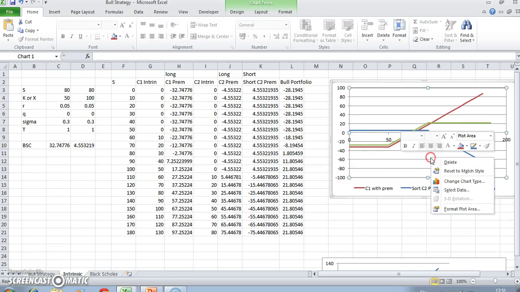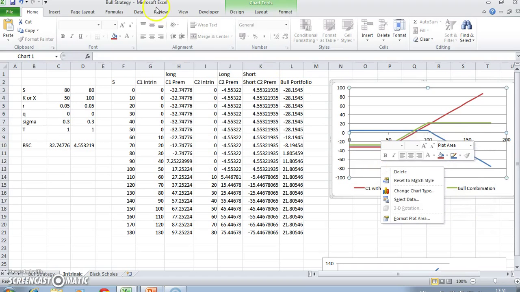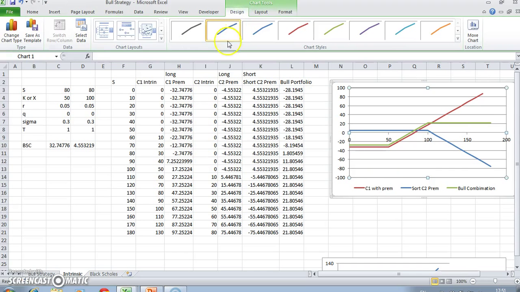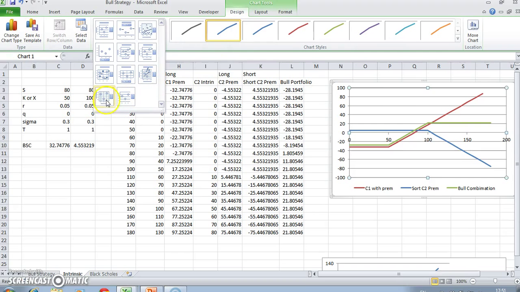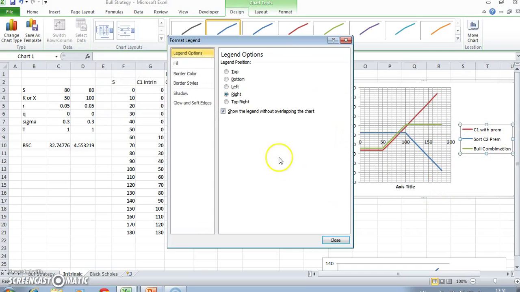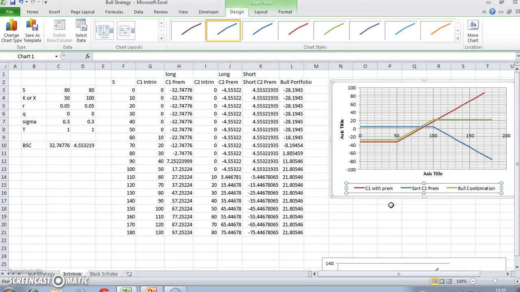And okay, we can format the area. So if we go to page layout, to our design, come here, and again one more time, format legend bottom, and underline, and here we can say bull strategy.